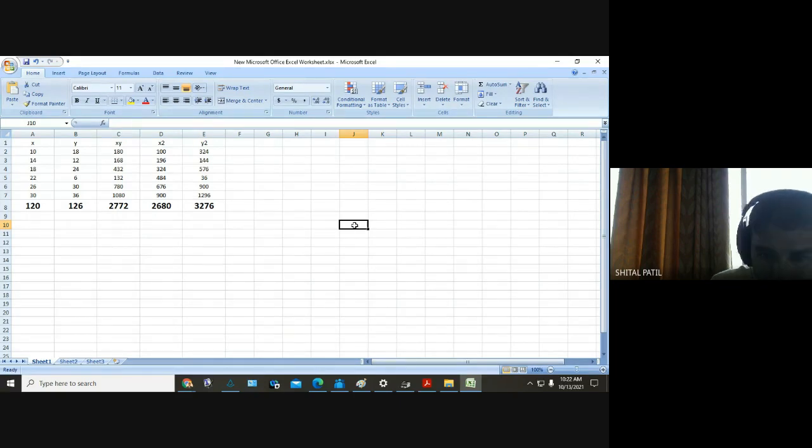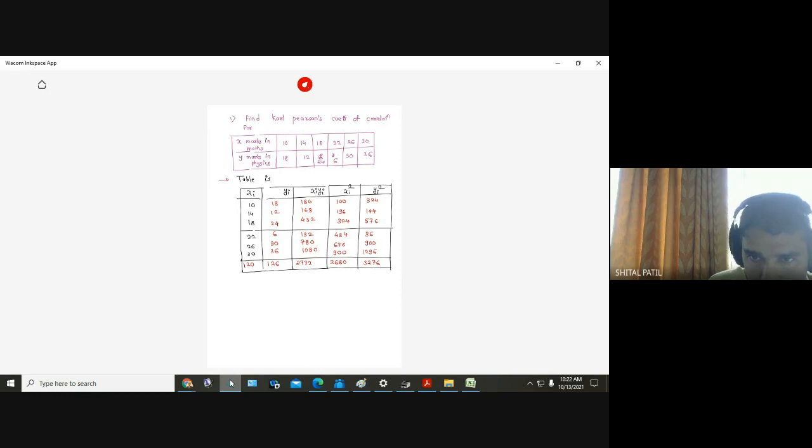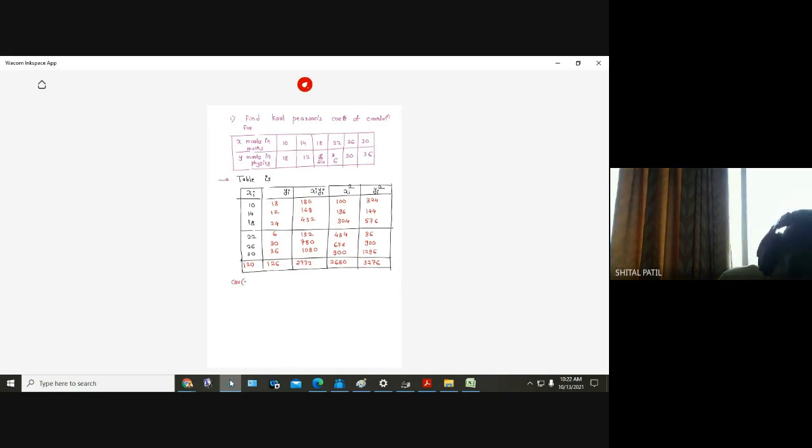Right now, covariance is summation of xi yi divided by n. N is the number of observations and n is 6 here.